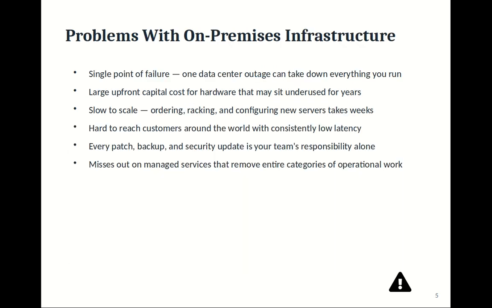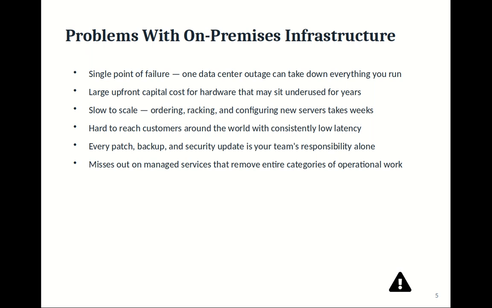Problems with on-premises infrastructure. Single point of failure: one data center outage can take down everything you run. Large upfront capital cost for hardware that may sit underused for years. Slow to scale: ordering, racking, and configuring new servers takes weeks.